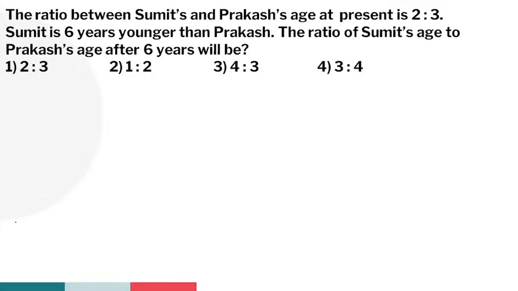The ratio between Sumit and Prakash age at present is 2 is to 3. Sumit is 6 years younger than Prakash. The ratio of Sumit age to Prakash age after 6 years will be? We are already solving this kind of problem. Give the answer fast.